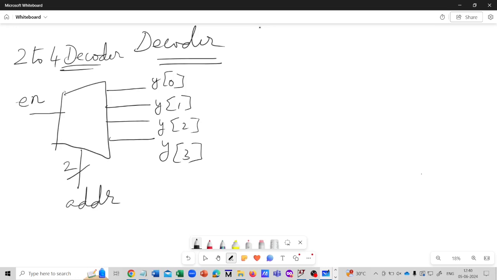Now, why are we providing this enable input? See, in many systems, the address line will be shared by different memories. You know that decoders are primarily used for selecting various peripherals based on an address. So the address bus will be shared between several memory systems. And there will be a lot of switching activity in the address lines.